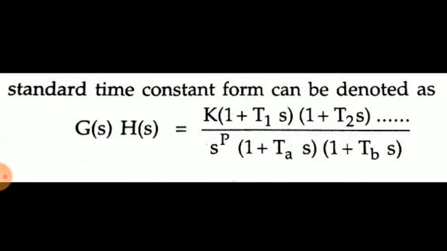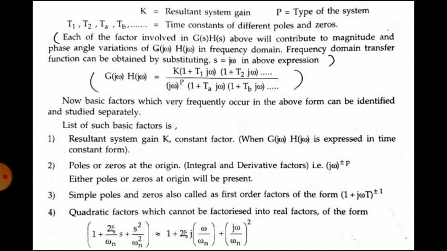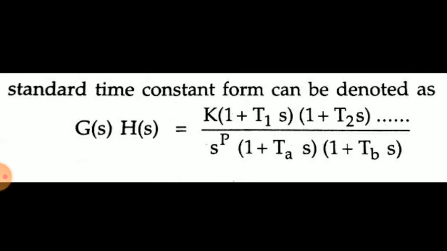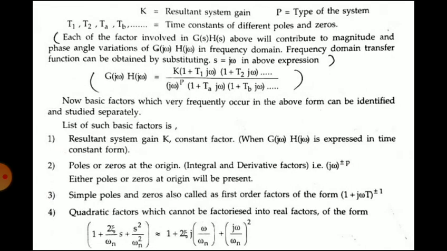Each of the factors involved in G(s)H(s) above will contribute to magnitude and phase angle variations of G(j omega)H(j omega) in the frequency domain. The frequency domain transfer function can be obtained by substituting s equal to j omega in the given expression, which is shown here.